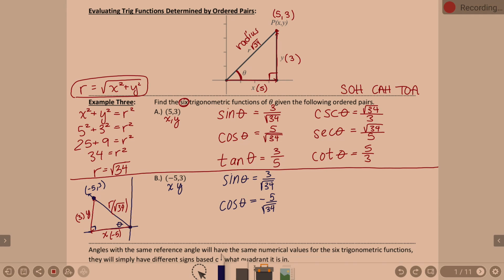Okay. What about tangent? Okay, instead of positive 3/5, it is -3/5. Okay, reciprocal of sine is the function cosecant. And what do we know about cosecant?